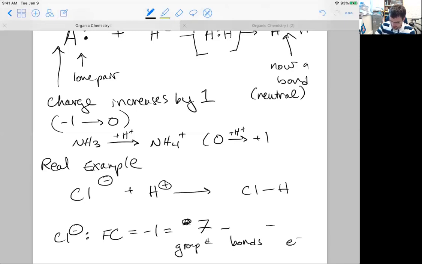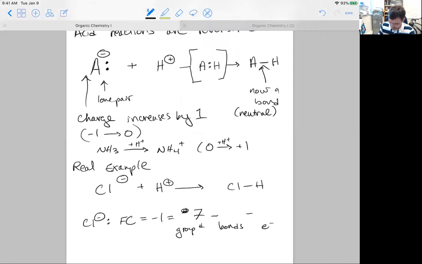I'm just going to zoom this out a second. This has parallelism, where ClH is the same as AH in our previous case. We have ClH now being neutral. Now what I'm getting at with this point down here is, what is the arrangement of the chlorine atom? How many bonds does it have? How many lone pairs does it have to have a -1 formal charge? Well, it's chlorine by itself, so we have 0 bonds.